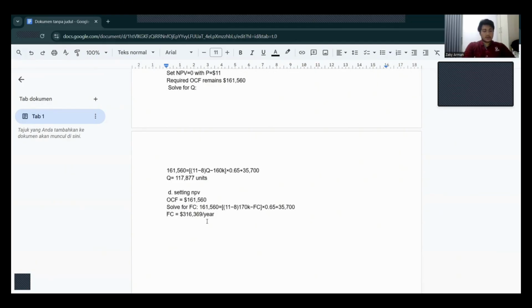So we can conclude that the fixed cost can nearly double from 160,000 to 316,369 before it becomes unprofitable.